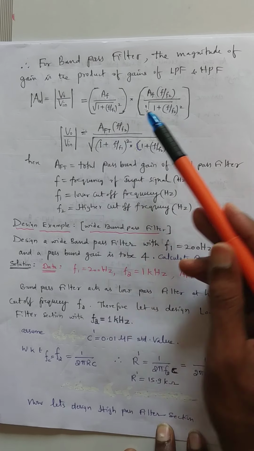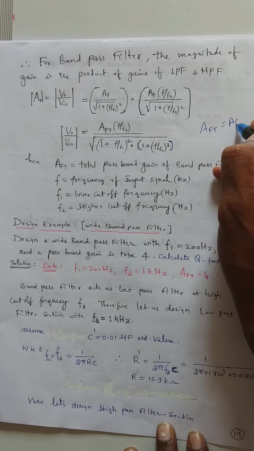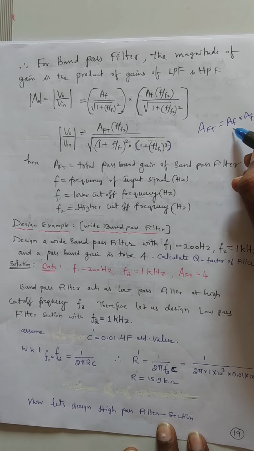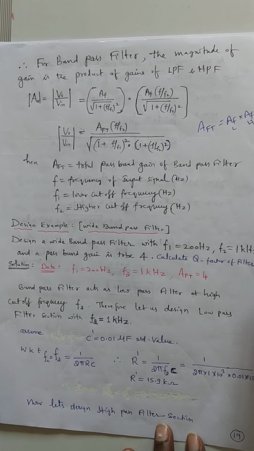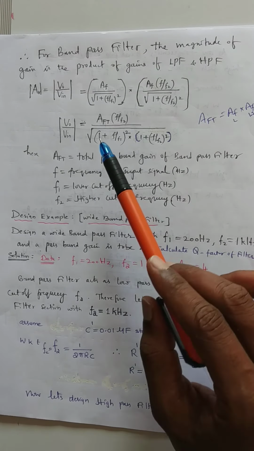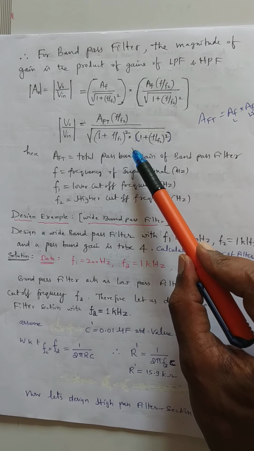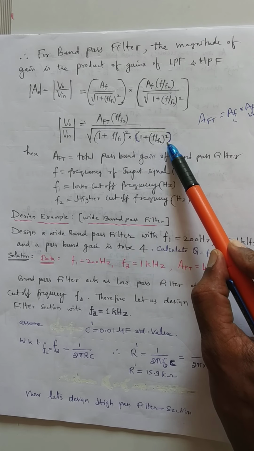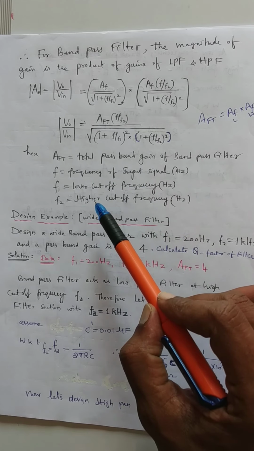So AFT represents AF into AF, where this is the pass band gain of low pass filter, this is the pass band gain of high pass filter. Now this is the total gain of this band pass filter. Here F1 represents the lower cutoff frequency, F2 represents higher cutoff frequency, where F represents the frequency of the input signal. That's all.